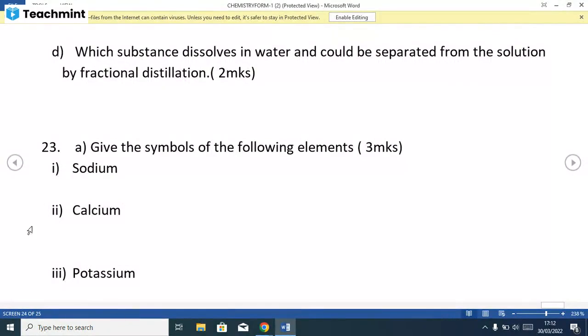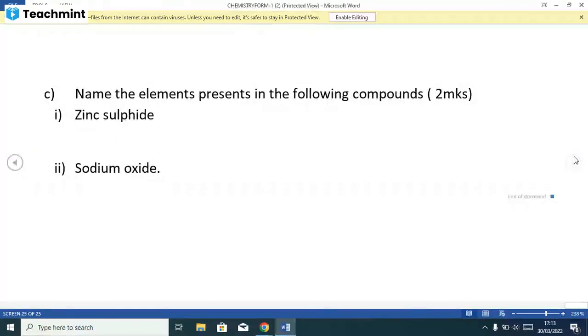You must know all this because in form 2 we will be writing in form of symbols. Calcium is Ca, capital C, small a. Potassium: K, capital. Next.